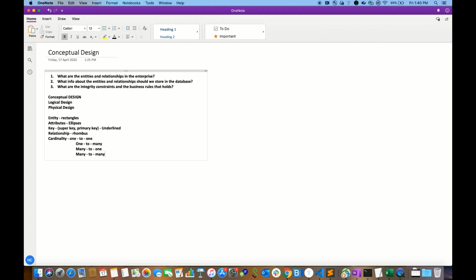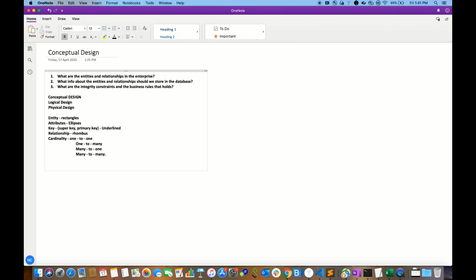On the other hand, an employee can work in only one department and the department is composed of many employees, so it is a many to one relationship. Hope I am clear to you regarding the cardinality. The degree of relationship indicates the number of entities that a relationship associates.